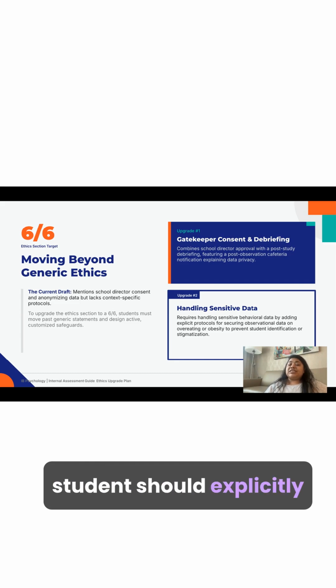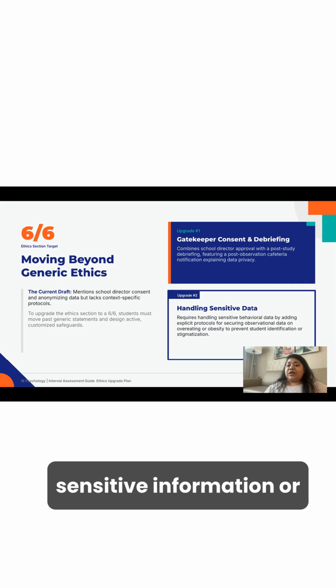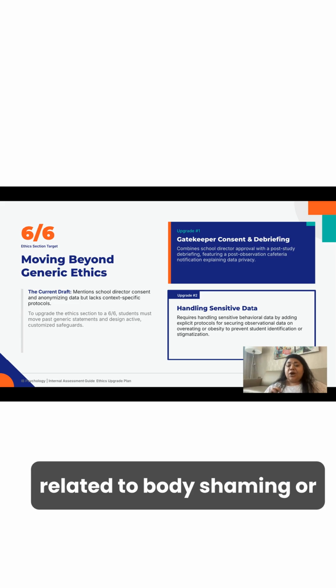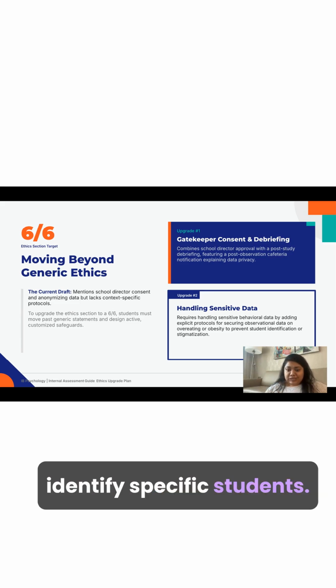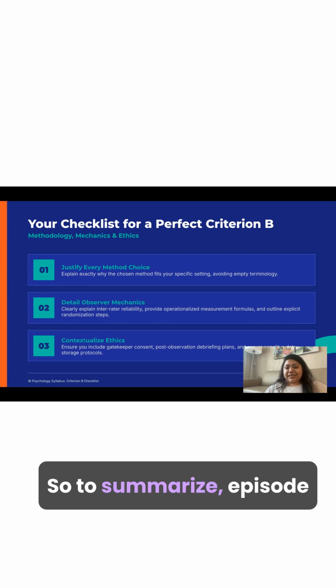The student should explicitly state how they will handle sensitive information and how they will ensure that no notes taken could inadvertently raise issues related to body shaming or identify specific students.